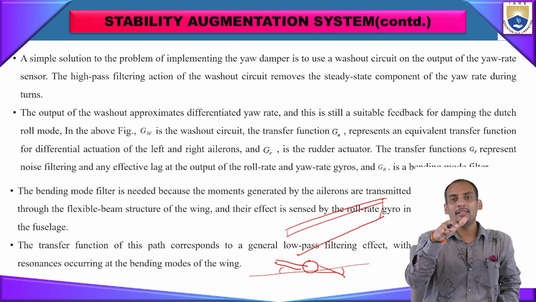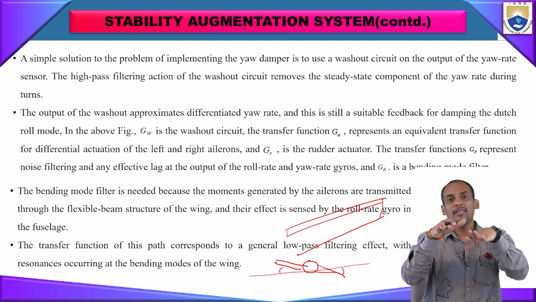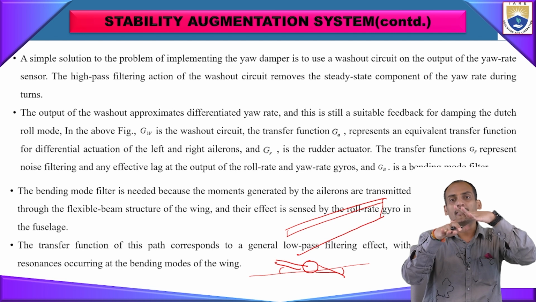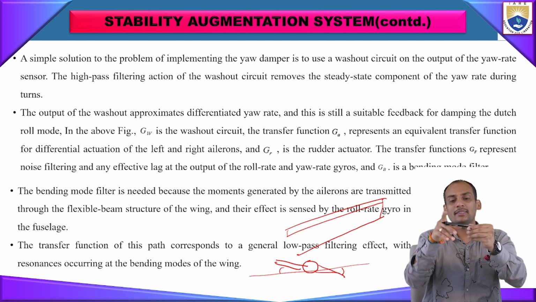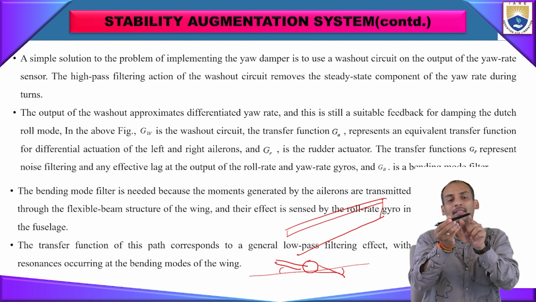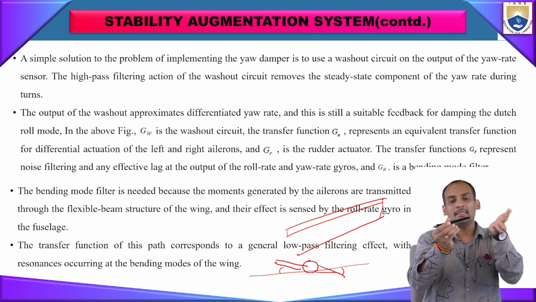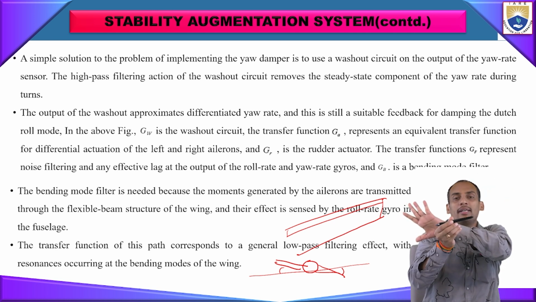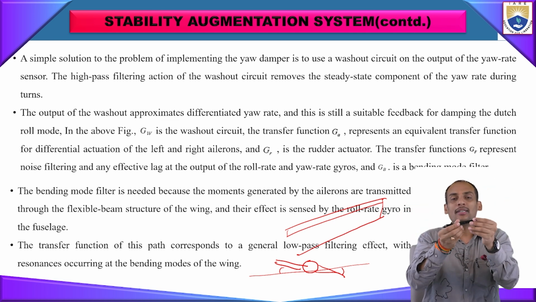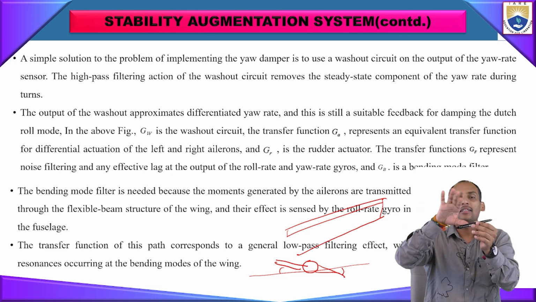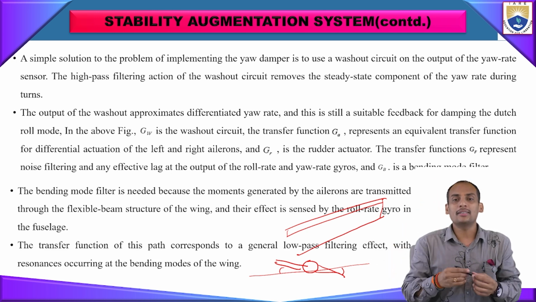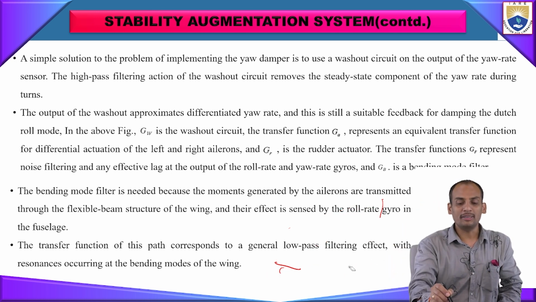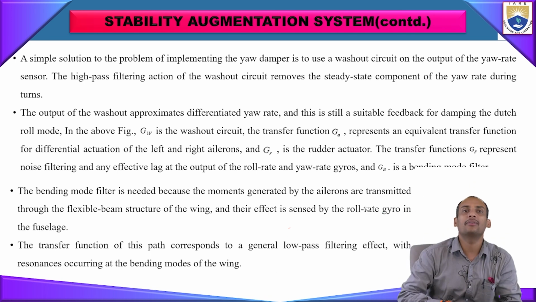If in between any extra forces are acting on that beam, those forces will be sensed by the GB sensor. That sensor will give its output to the roll rate gyro of the fuselage also, so that those forces and the bending on the aircraft wing will be avoided.